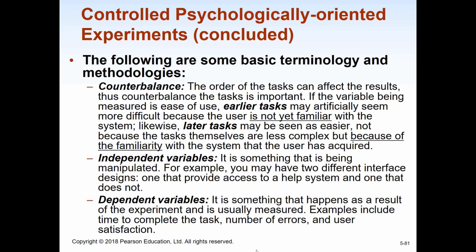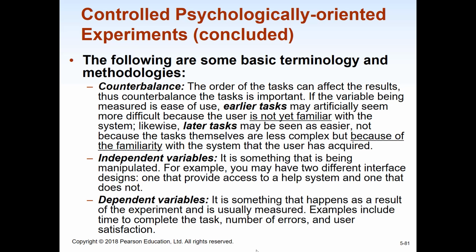Likewise, later tasks may be seen as easier not because the tasks themselves are less complex, but because of the familiarity with the system that the user has acquired throughout using the system. So we may change the order of the tasks and see the effect, whether this is true or not.